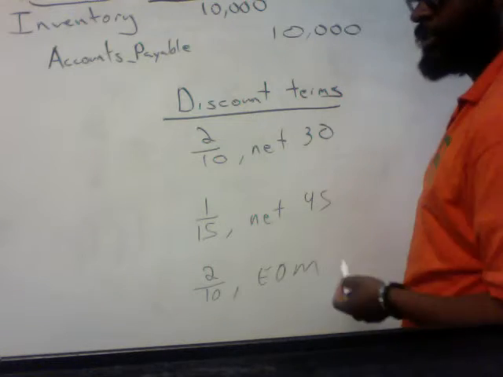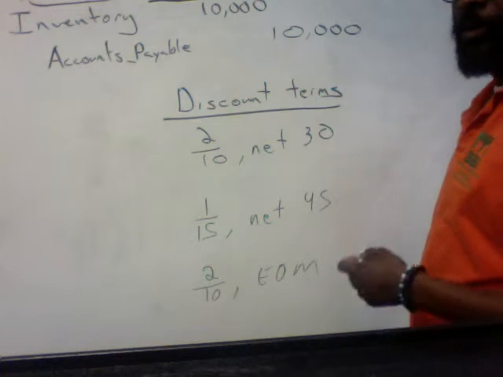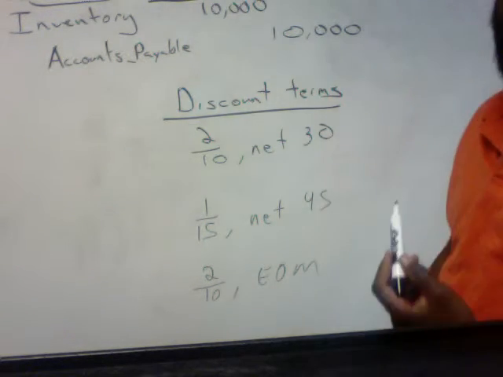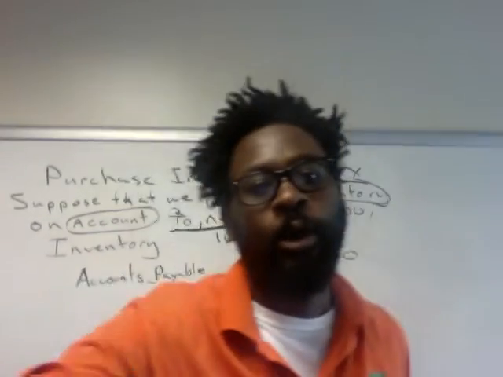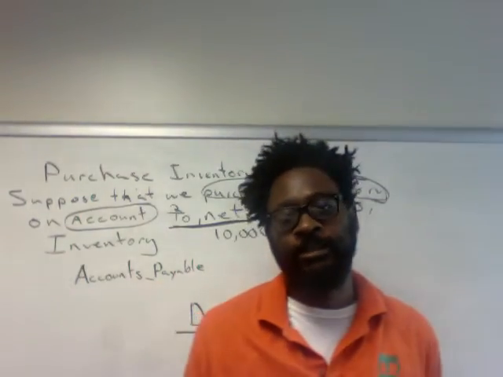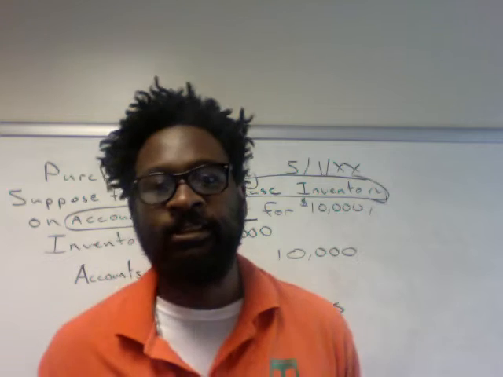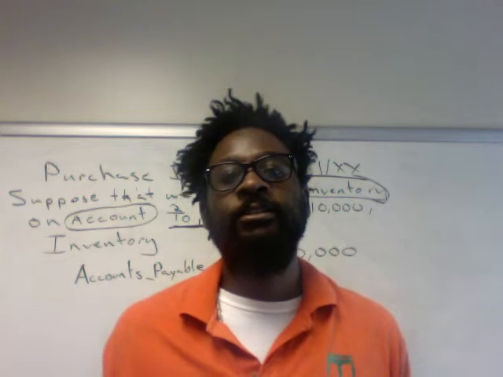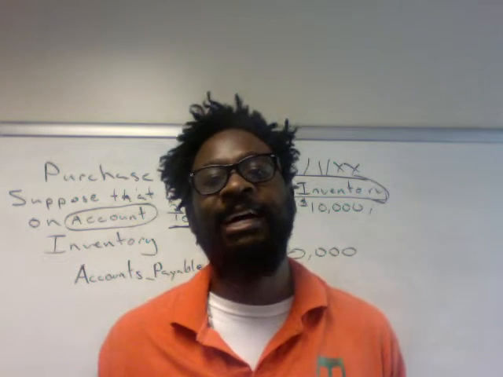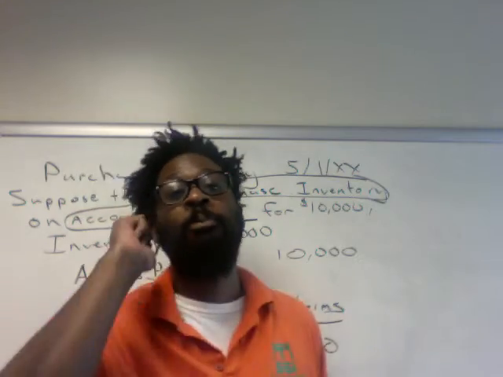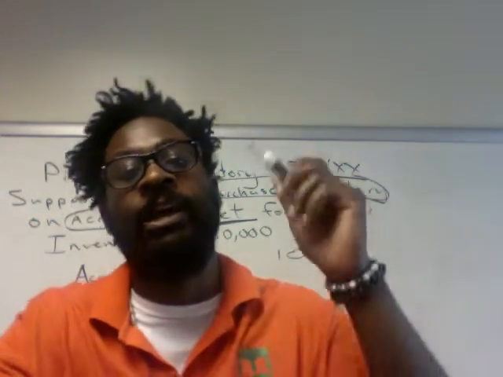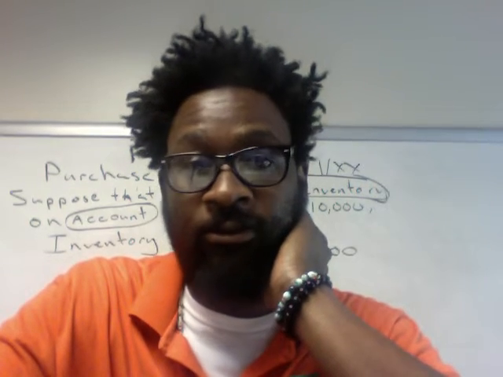So, how do you interpret a discount term? Well, what is a discount term? A discount term is simply a term which a seller will extend to the buyer to influence them or to entice them to pay back on the goods as soon as possible. Discount terms are always extended through credit.